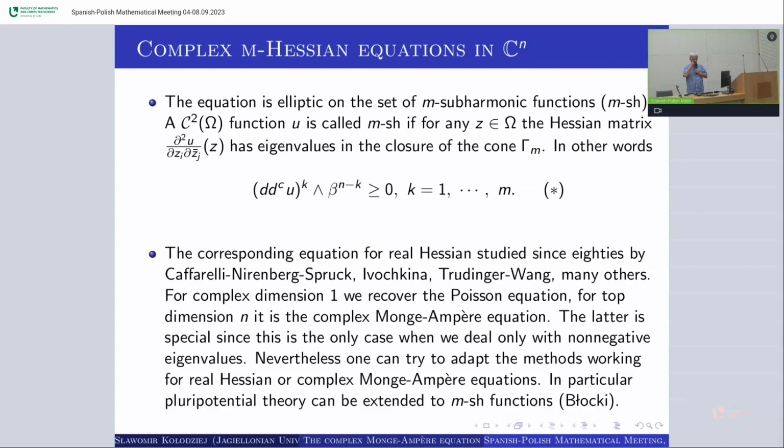Ivochkina proved some a priori estimates, and Trudinger-Wang considered weak solutions of the equation. Then, on the right-hand side of the equation, we don't have a function times the volume form, but some given non-negative measure.